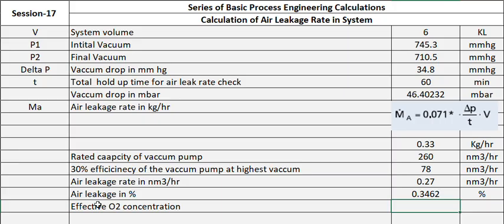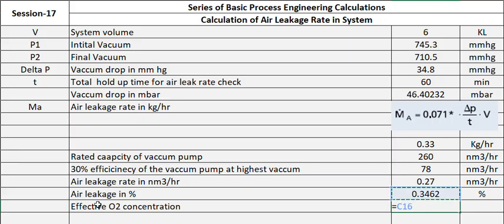So you need to calculate the air leakage rate, and based on that provide whether the system is safe in terms of oxygen percentage available throughout the system, which avoids the flammable zone.